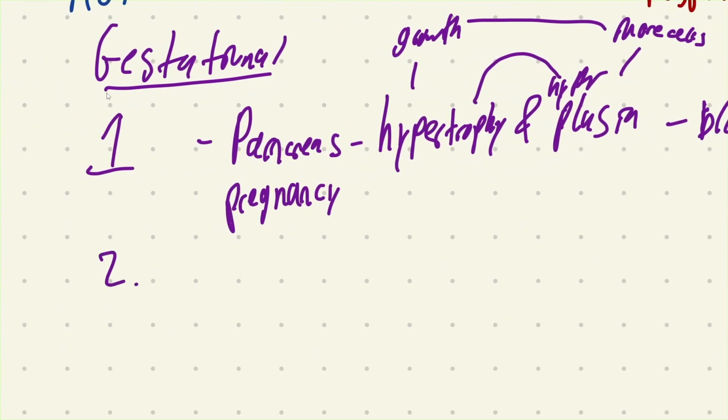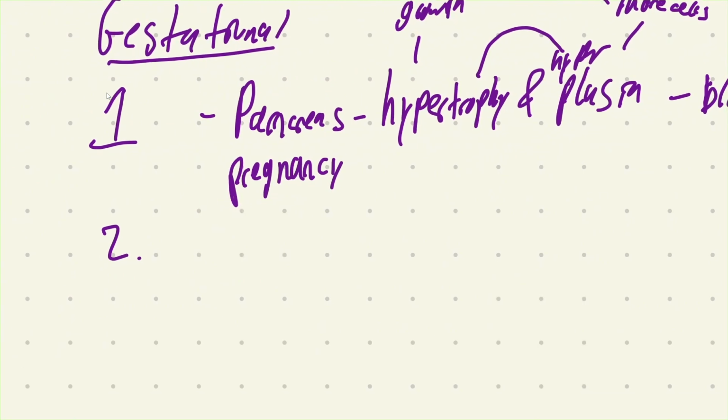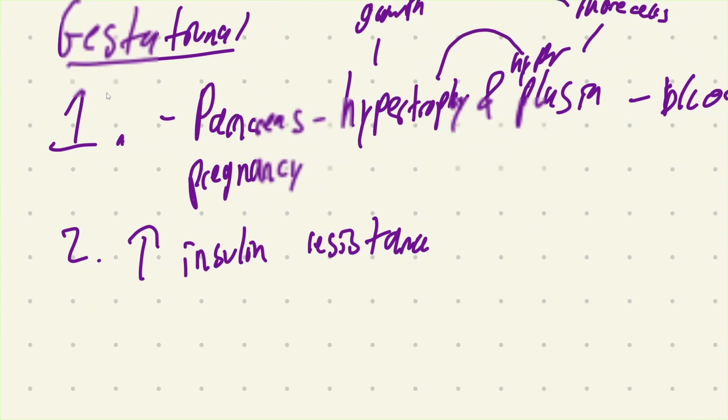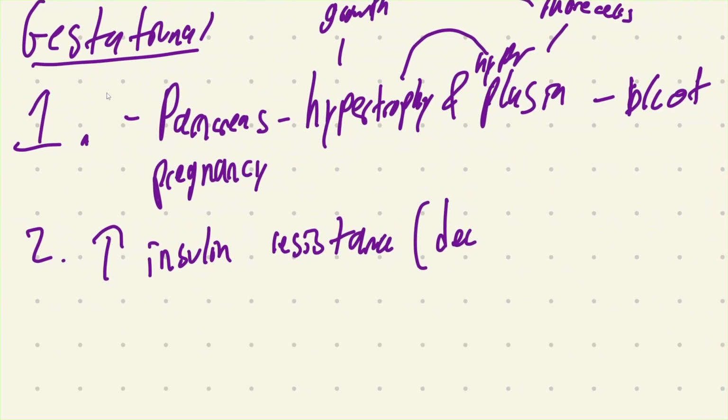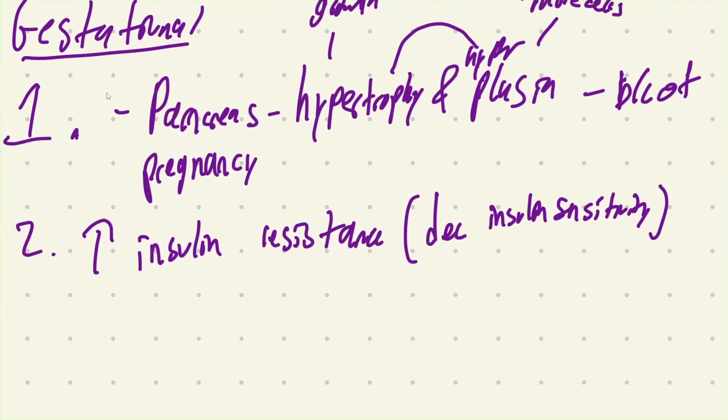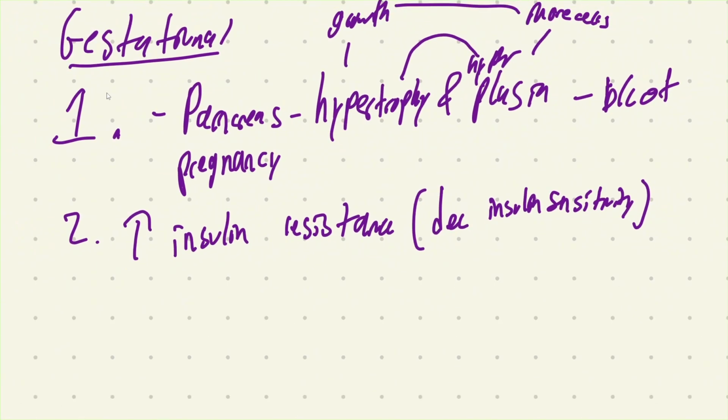Step 2 is you're going to have increased insulin resistance and decreased insulin sensitivity, because if you have too much insulin, your baby is not going to get enough glucose.